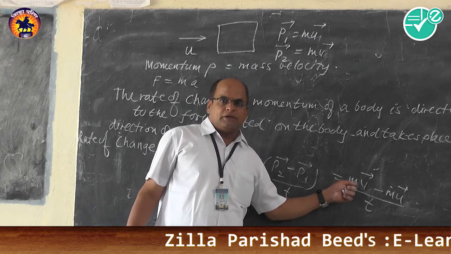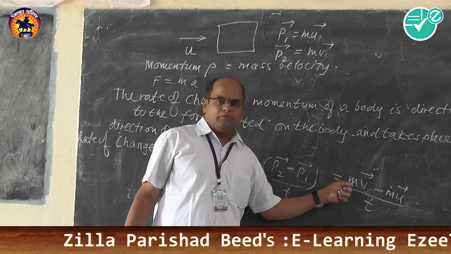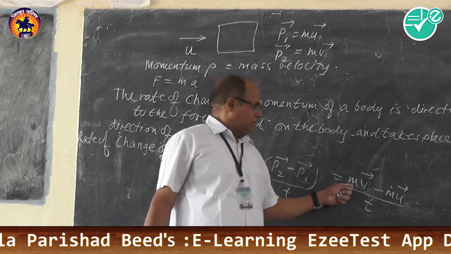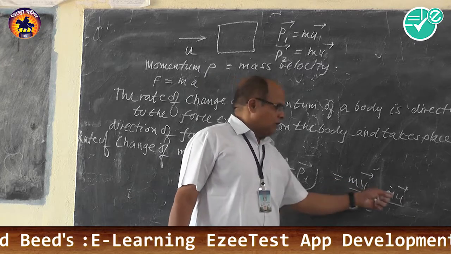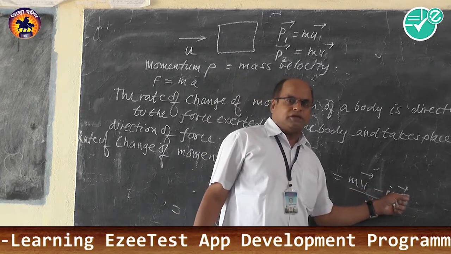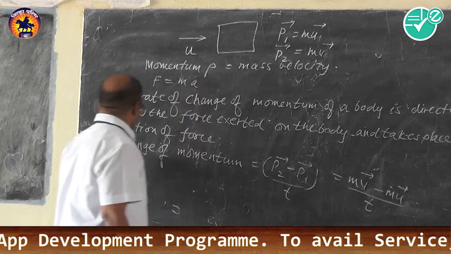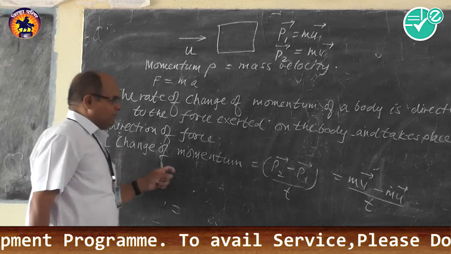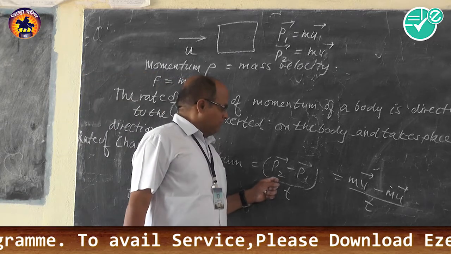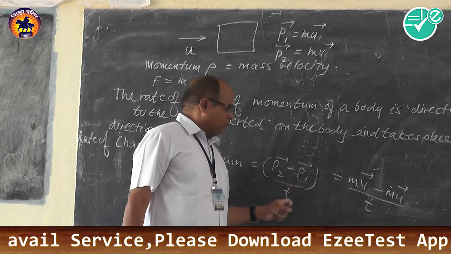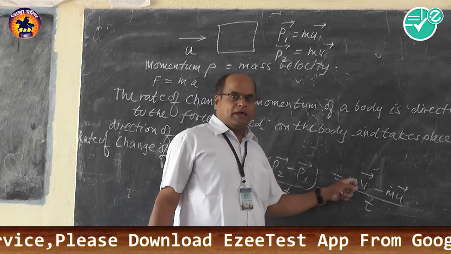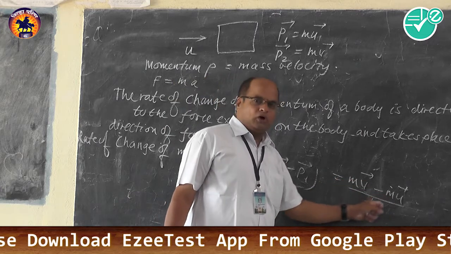A certain force F is applied to the body of mass m, because of which its initial velocity u changes to v in time t. Then the rate of change of momentum is vector p2 minus vector p1 upon t. What is p2? m v minus m u upon t.